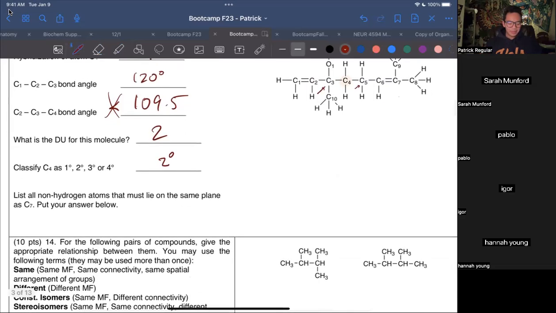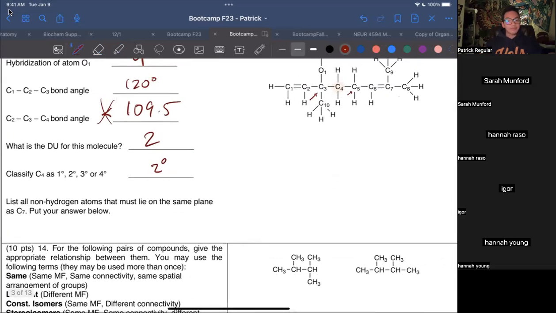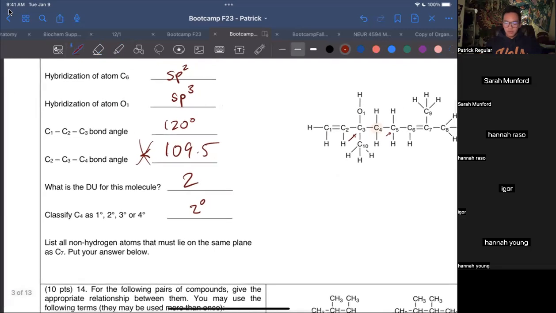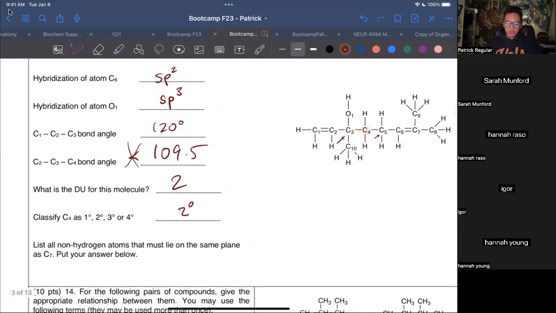Could you go over the 120 bond angle again? Sure, yeah. 120 strictly because carbon 2 is sp2 hybridized. sp2 hybridized is always going to be 120 degrees. Carbon that looks like this, that's always going to be 120 degrees.